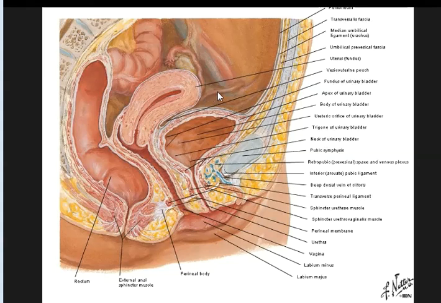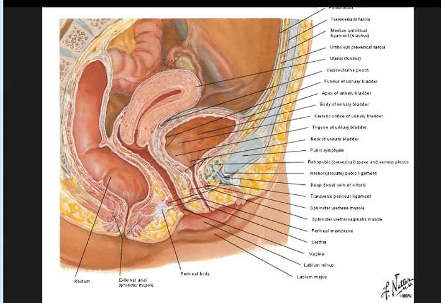One of them is this round ligament. The round ligament leaves the pelvis from the lateral side of the uterus through the deep ring, and reaches to attach to the labium majora. We will discuss this in detail in the near future. So this ovary is the homologue of the testis in the male.